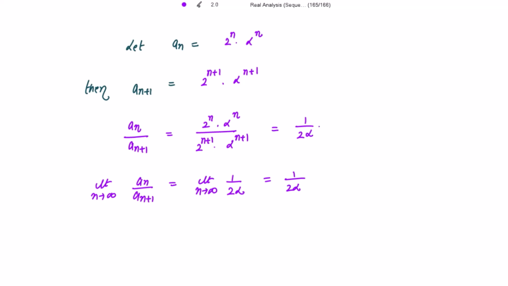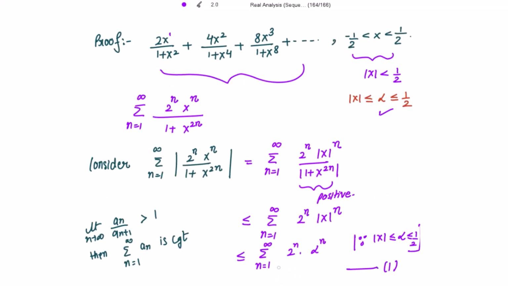If it is greater than 1, then the series will be convergent, right? Okay, let's check for alpha. What is alpha? Alpha is strictly less than 1/2. That implies 2 alpha is strictly less than 1. That is, 1 divided by 2 alpha is strictly greater than 1, which means the series is convergent. That is, this series is convergent.